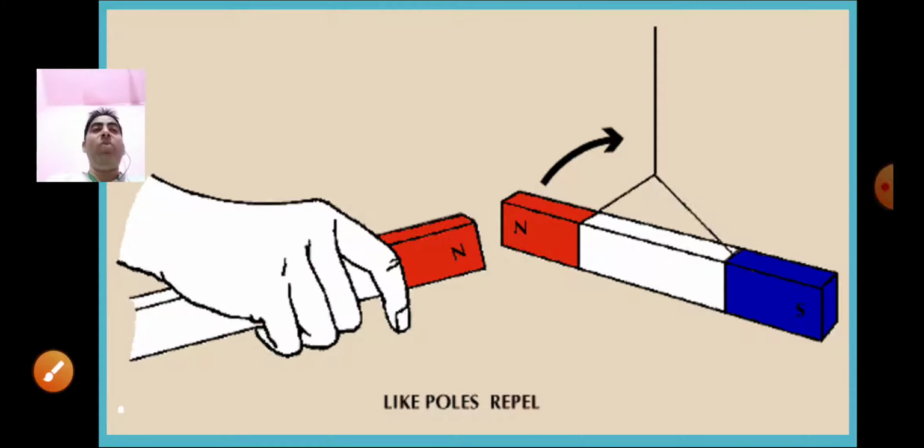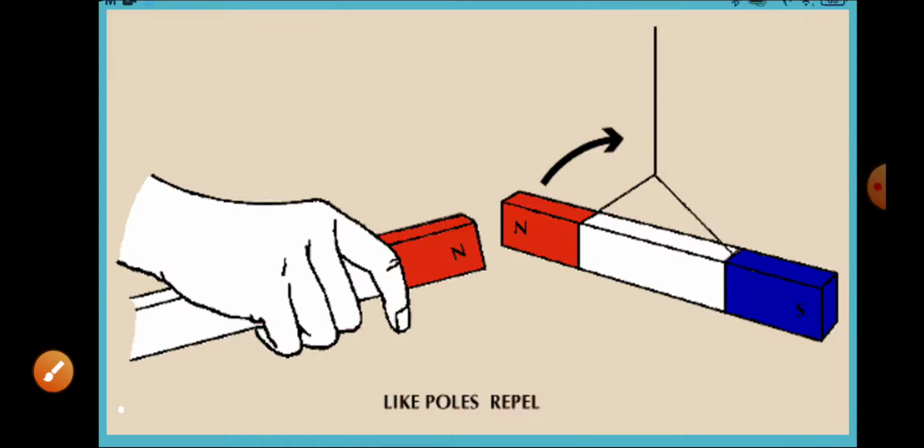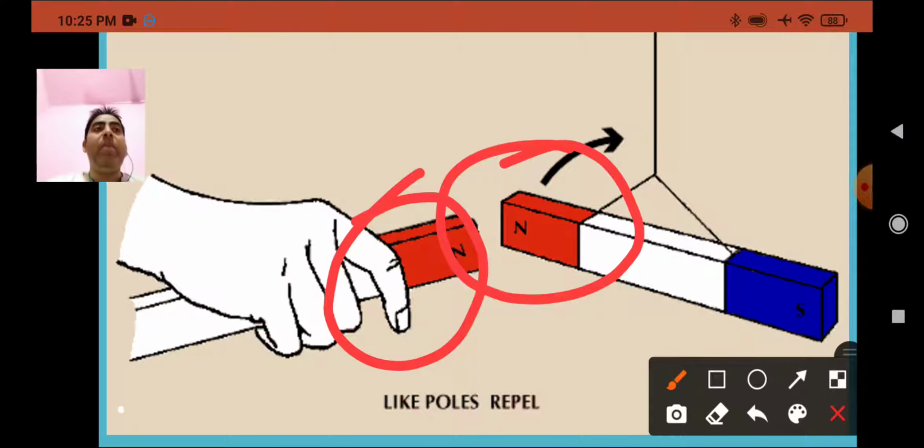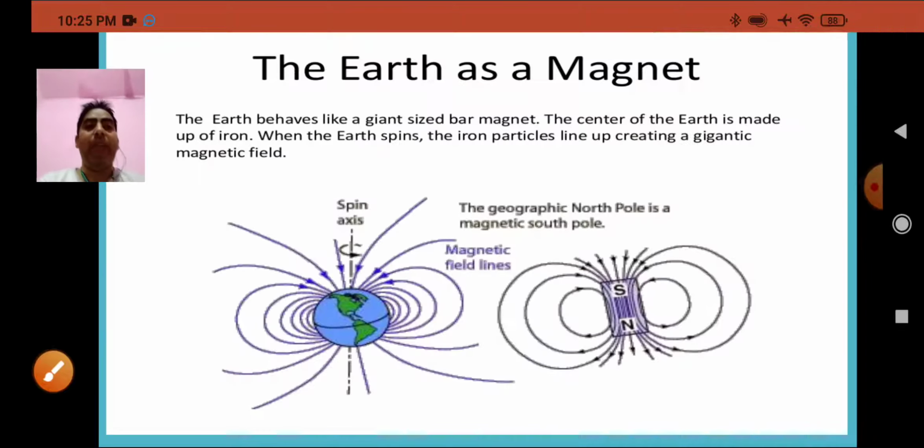Now we will see that the north pole of the suspended magnet turns away from the north pole of the held magnet. This means that the north pole of one magnet repels the north pole of another magnet. Similarly, the south pole of one magnet repels the south pole of another magnet.